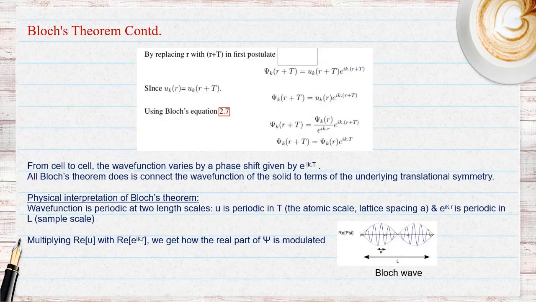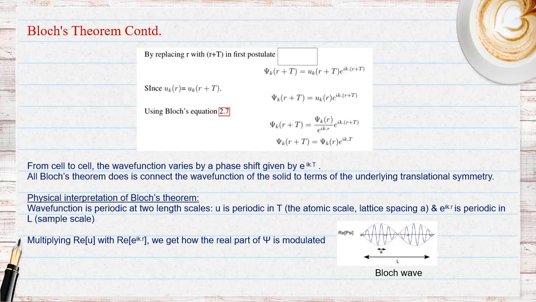By replacing r with r plus t in the first postulate, we get psi k of r plus t is equal to uk of r plus t times e raised to ik dot r plus t. Since uk of r is equal to uk of r plus t, we can rewrite this equation as psi k of r plus t is equal to uk of r e raised to ik dot r plus t.